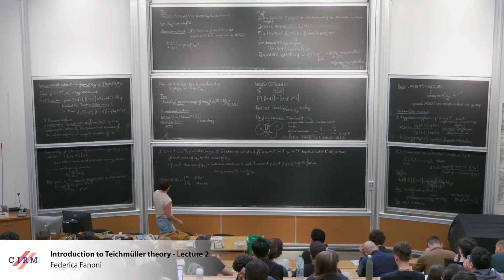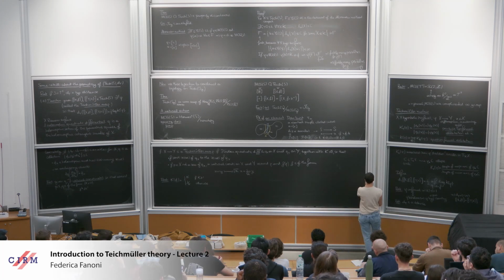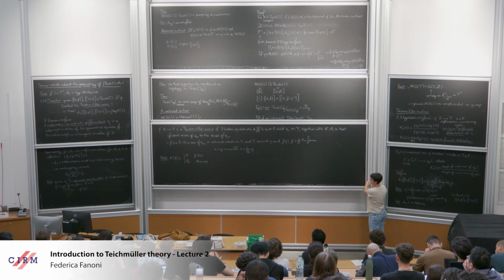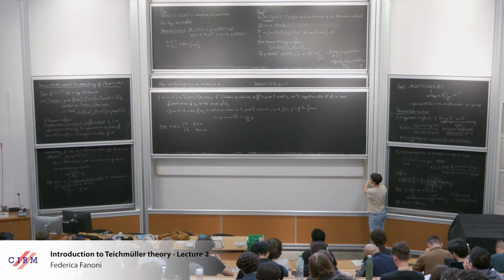So now that I have written this down, I can actually tell you what Teichmüller's theorem is, or what Thurston's theorem about the existence of the Teichmüller map is.